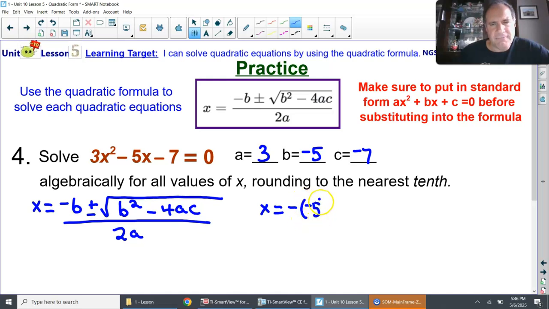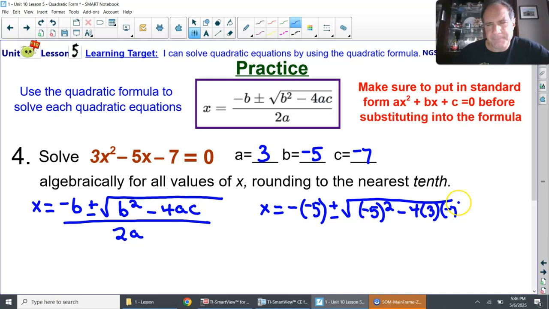I'm going to put that -5 in, but the negative, it's supposed to be negative, so that means that's going to turn to a positive. The b squared is -5 squared, so that's going to be a positive. -4 times a, which is 3, times c, which is -7. All over 2 times a, which is 2 times 3, which is 6.